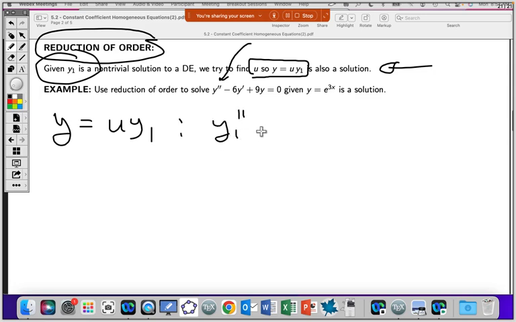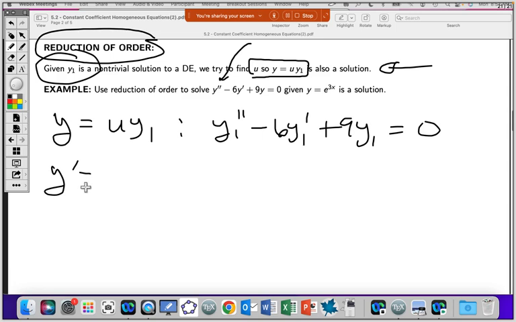So y1 double prime minus 6y1 prime plus 9y1 equals 0. And the hope is that since I know part of this differential equation, I'll somehow be able to reduce the order and turn this second order equation into a first order equation. Okay, so we're going to stuff this in there and see what happens.